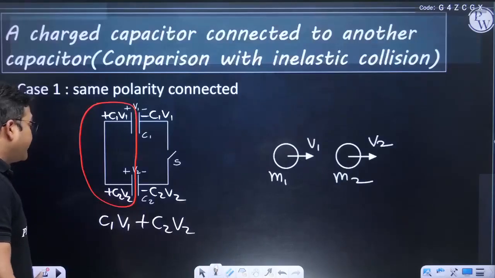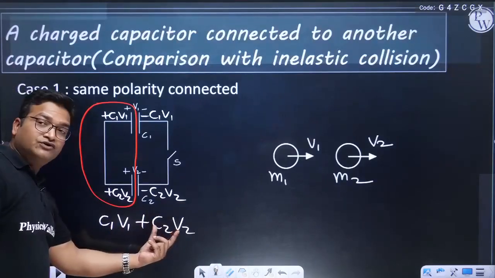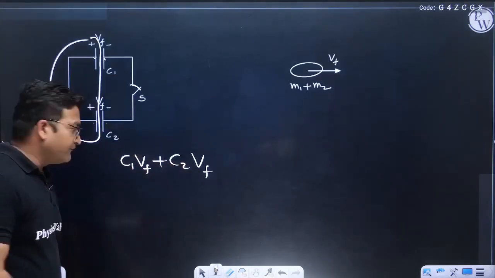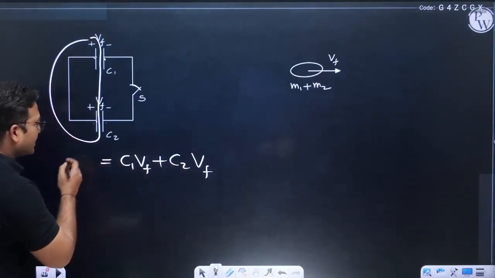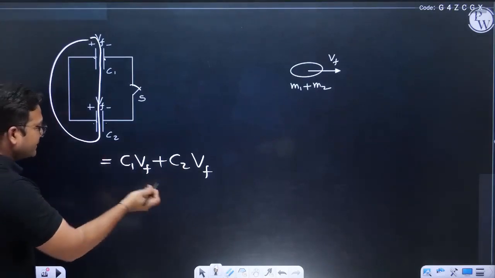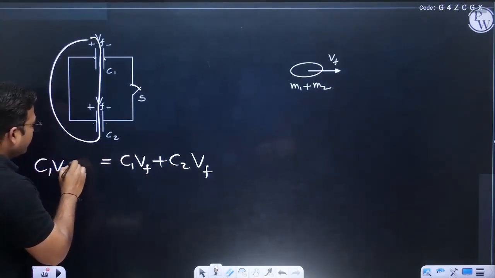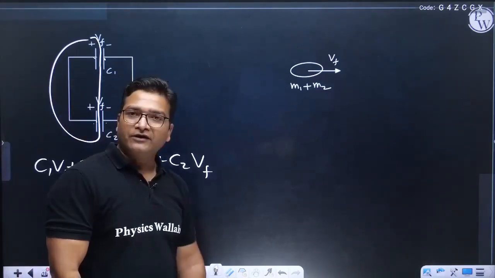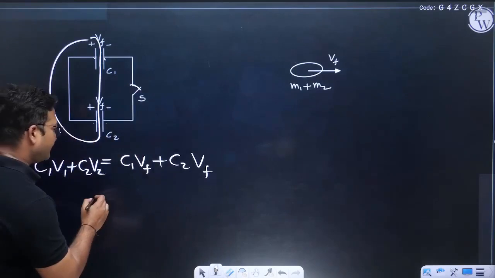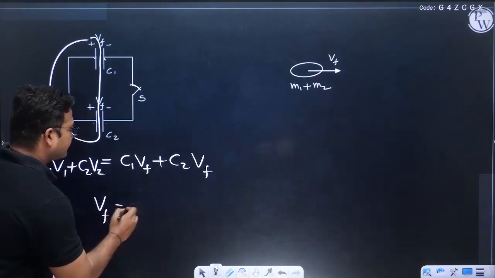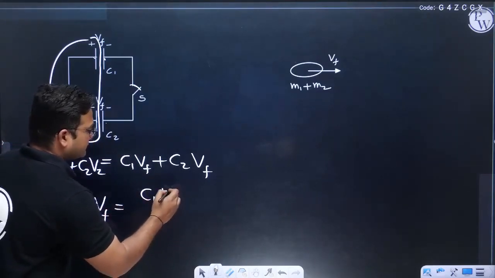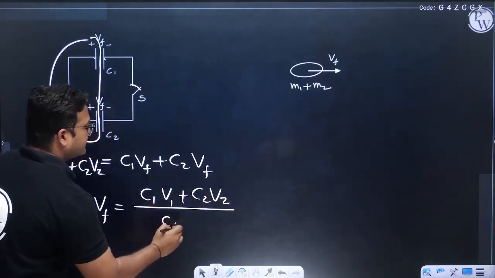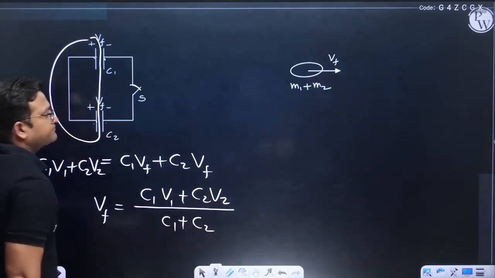Charge on left side was C1 V1 plus C2 V2, and now it is C1 VF plus C2 VF. So C1 V1 plus C2 V2 is same as C1 VF plus C2 VF. From this we can write VF as C1 V1 plus C2 V2 upon C1 plus C2.